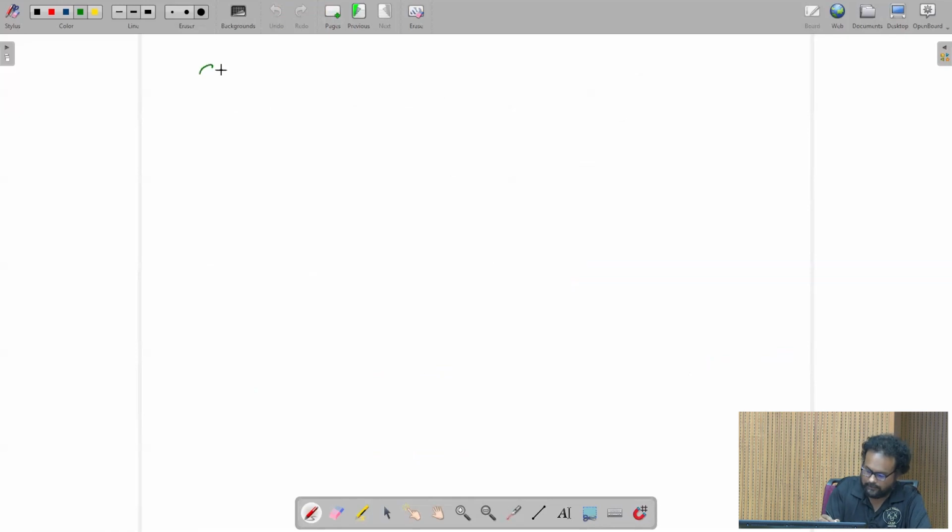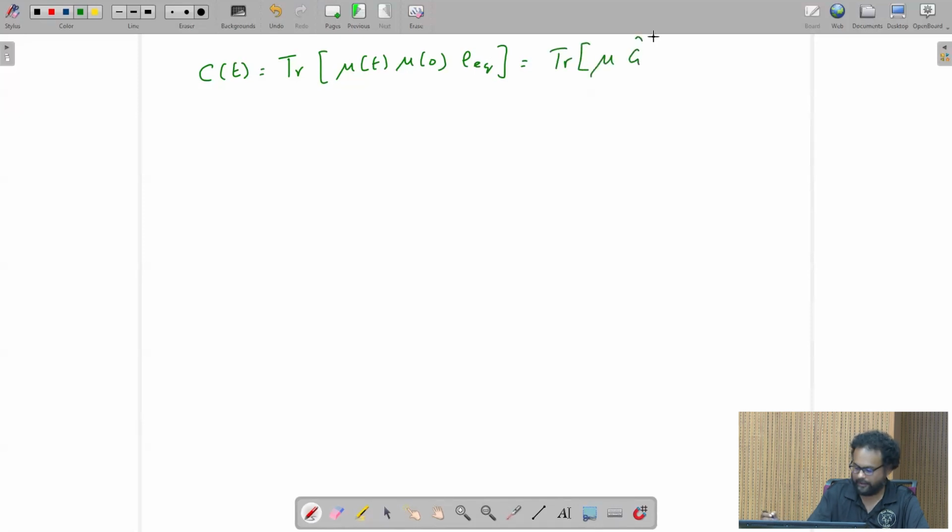Recall the C of t, the correlation function, is trace of mu of t, mu of 0, or you can also write this as trace of mu super operator G of t, mu.